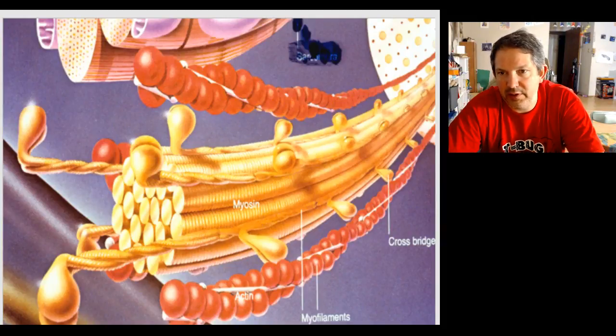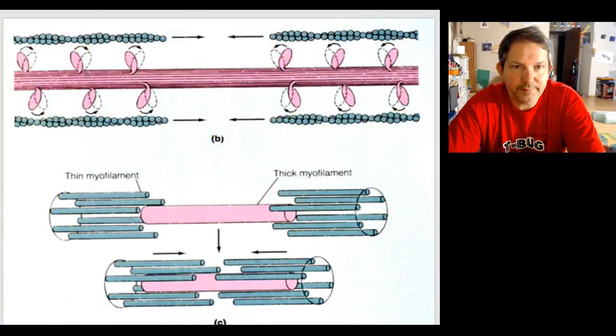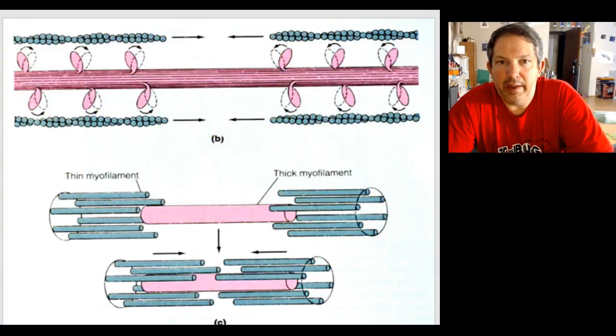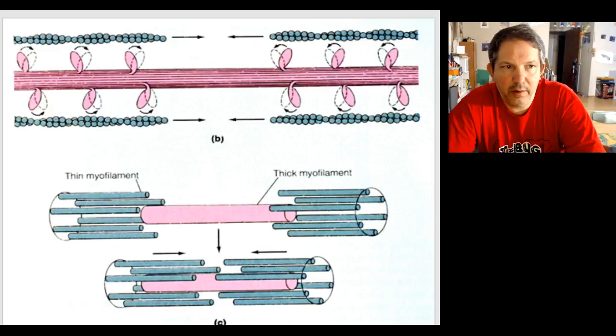The cross bridge is the connection between the myosin head and the actin filament. And here we see the action: this side is pulling this way, and this side's pulling this way. They're both pulling towards the center.